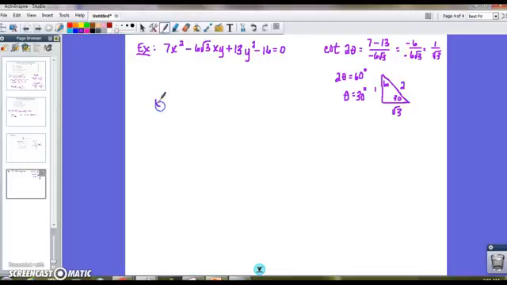So I'll write these over here. We've got x is equal to x prime cosine of 30, because our theta is 30, minus y prime sine of 30. Cosine of 30 is root 3 over 2.